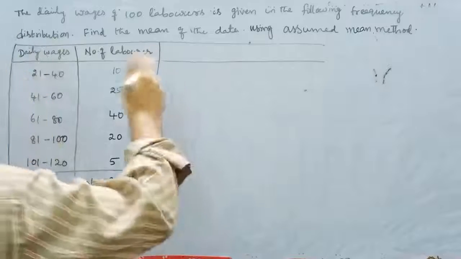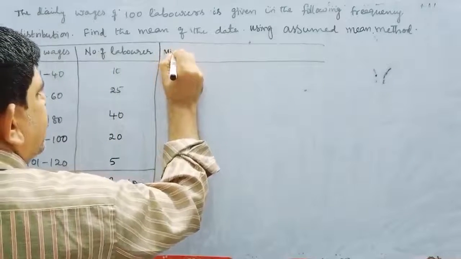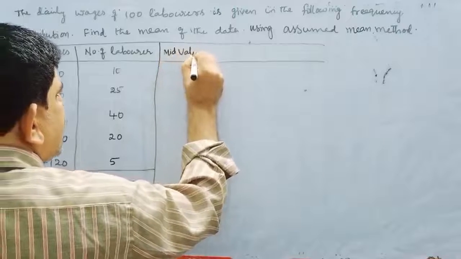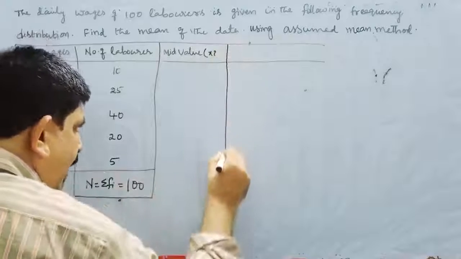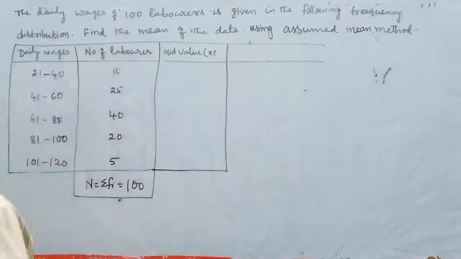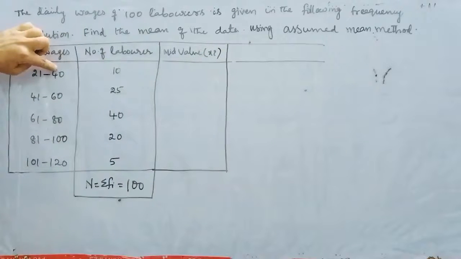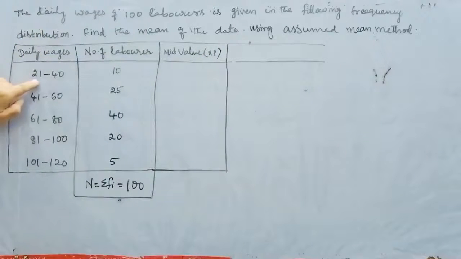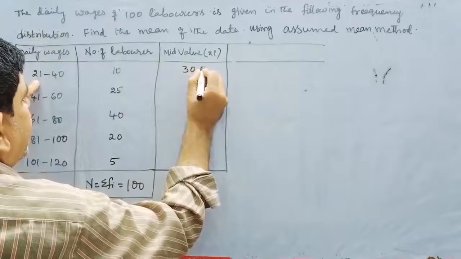Next, in any method we must find the mid value, taken as xi. The formula to find the mid value is (a plus b) by 2. 21 plus 40, 61. 61 by 2, 30.5.